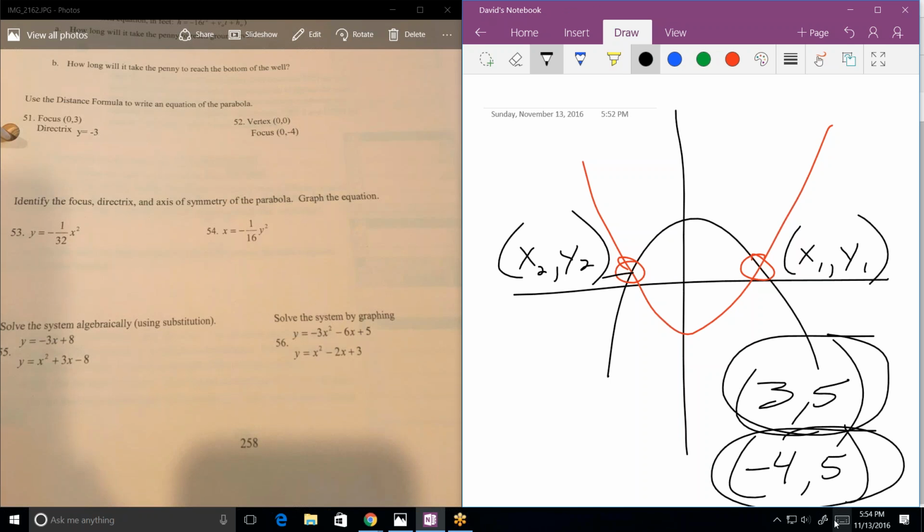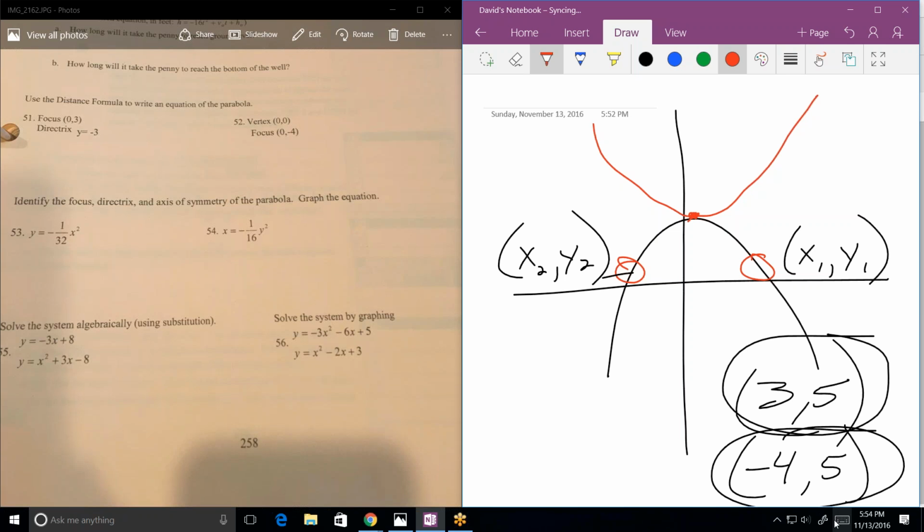The only way these two parabolas do not intersect at 2 points is if the top one exactly touched there at 1 point only, in which case we would only have one solution, or if it didn't intersect at all, we would have no solution.